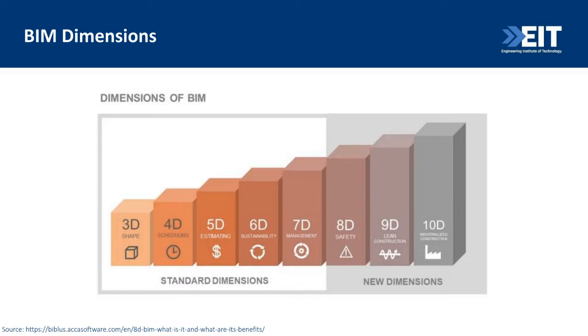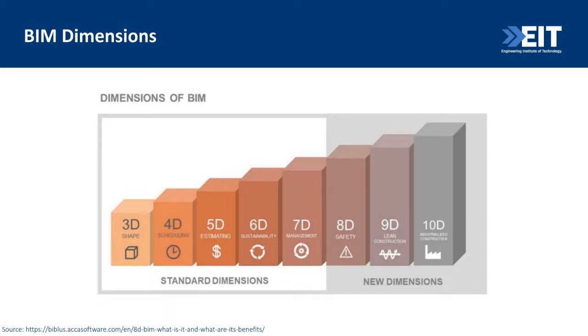And the number of dimensions can increase according to the needs put out in the literature and in the construction sector. So nowadays we have some standard dimensions from 3D BIM to 7D BIM, and we also have 3 new dimensions being discussed in the literature nowadays.